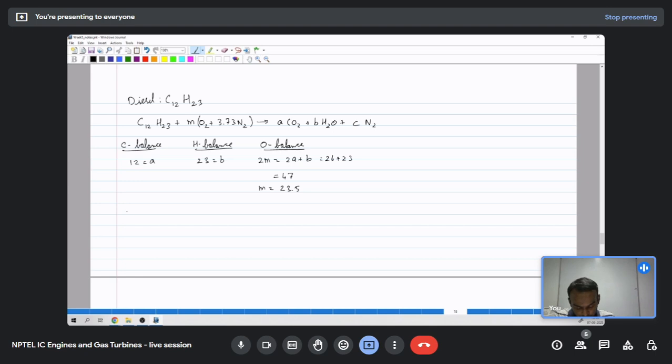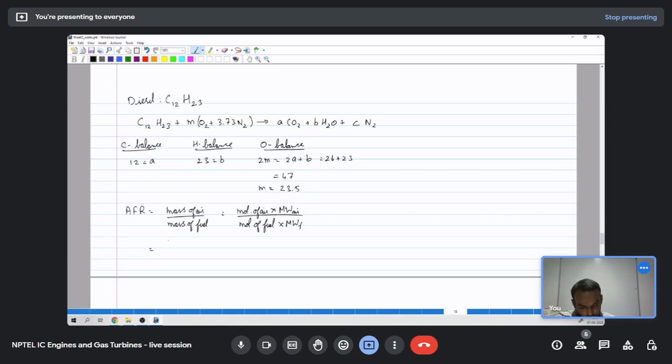Now for air fuel ratio, I have mass of air by mass of fuel, which is moles of air into molecular weight of air divided by moles of fuel into molecular weight of fuel. So moles of air is m into 1 plus 3.73, right?